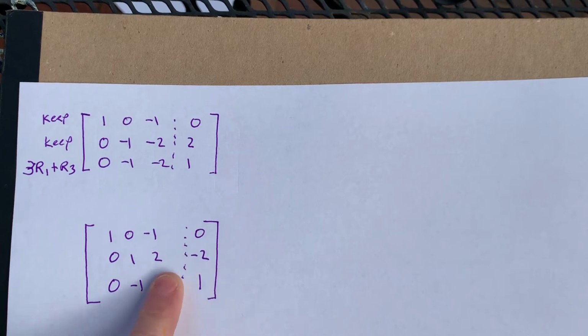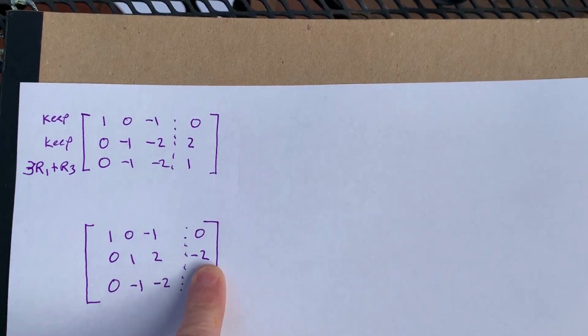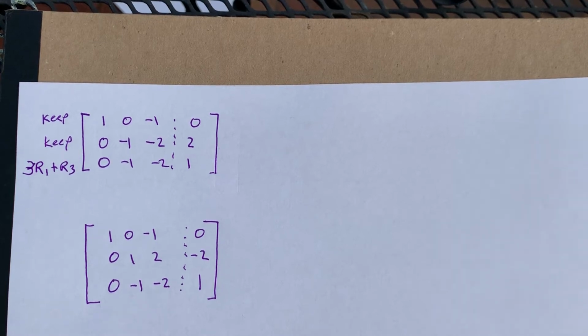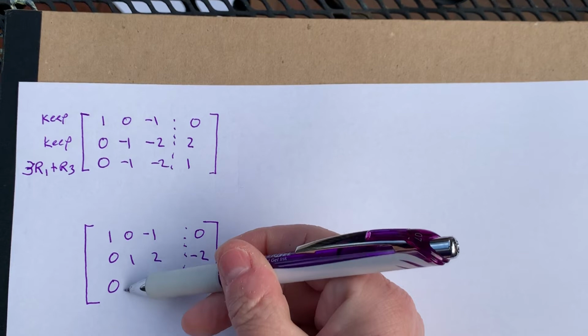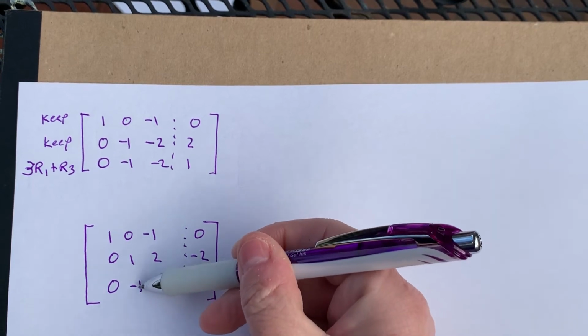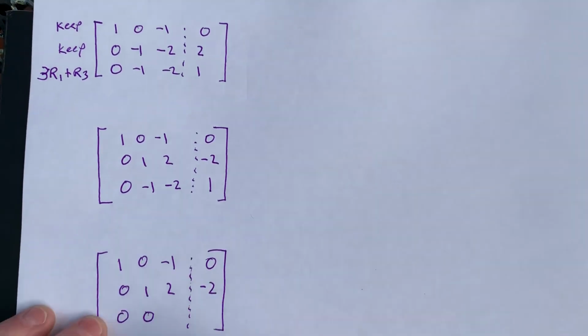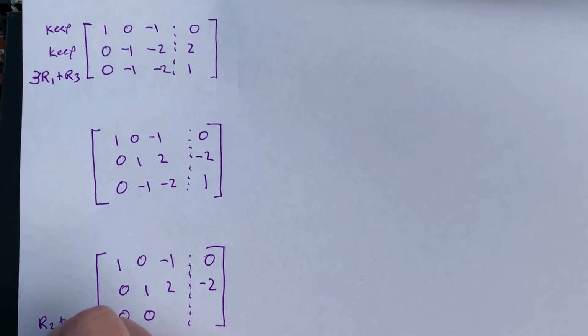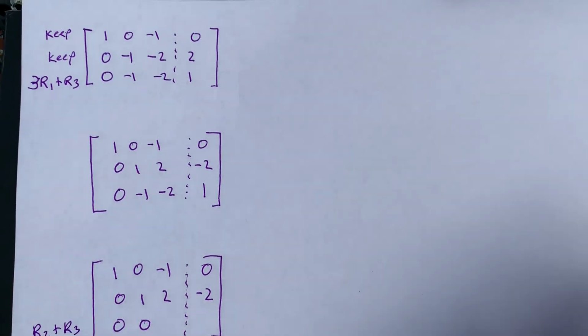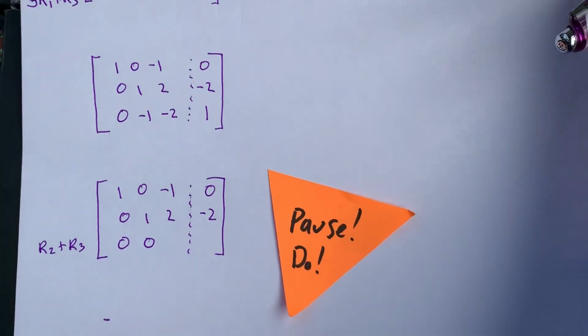All I did was multiply the whole equation by a -1. And now my final goal is to get this value here to be a 0. I think I can do that by doing row 2 plus row 3. Again, I want you to pause and do that.